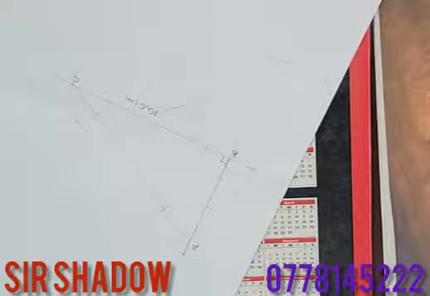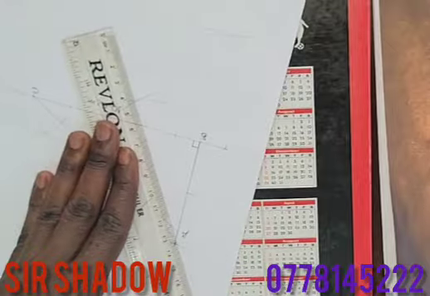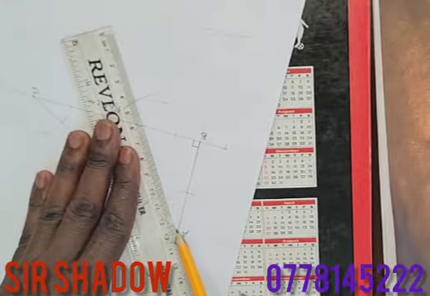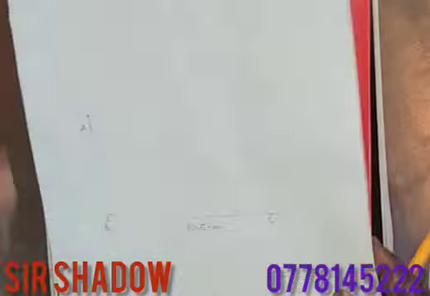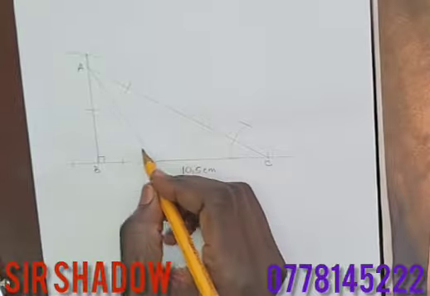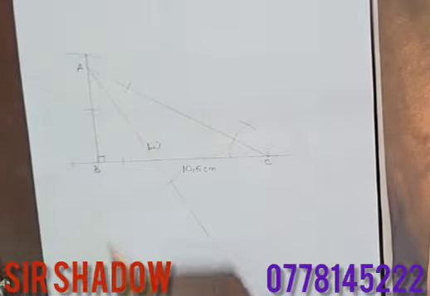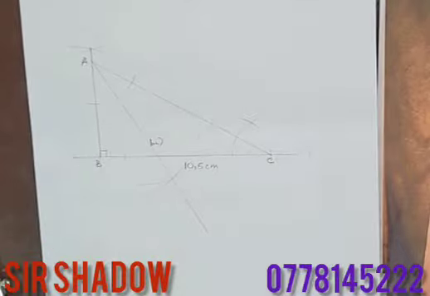So using a ruler, we have to divide this one into two equal parts. After bisecting point A, bisecting this one into 2 equal parts, this is part B item 1. Let's move on to B item 2.